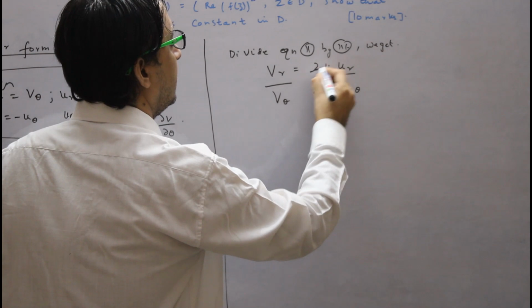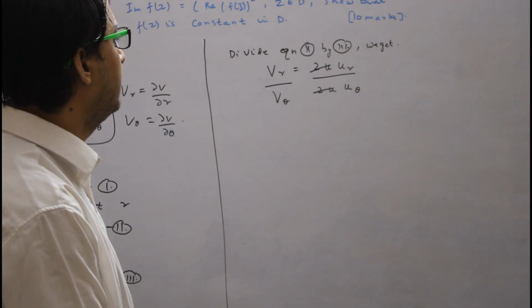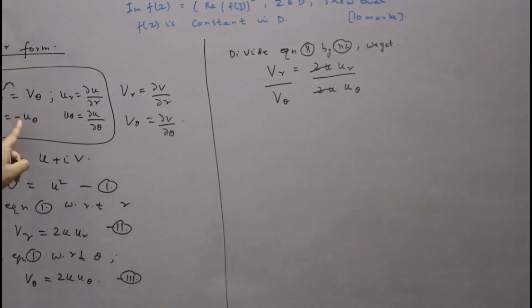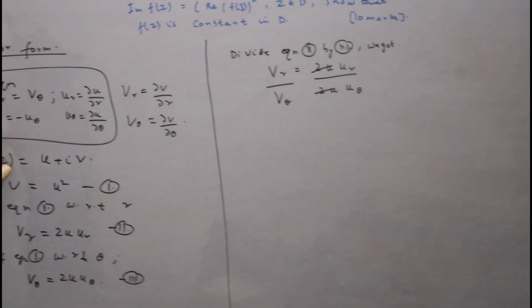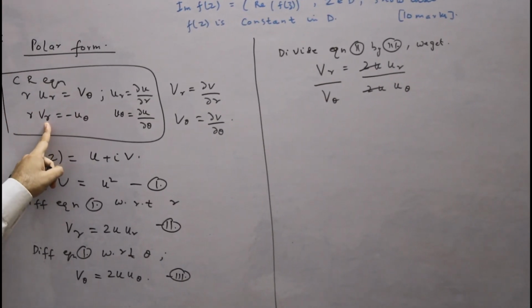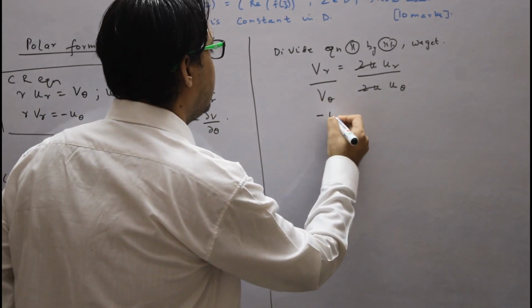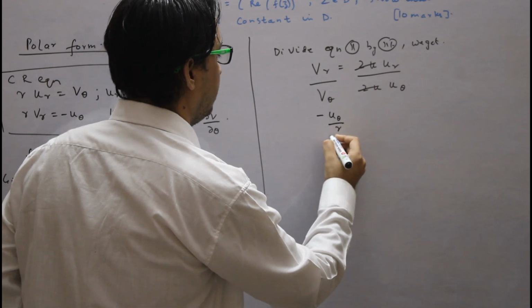So this and this get cancelled. From the Cauchy-Riemann equation, v_r is equal to minus u_theta by r. So I can write this as minus u_theta by r.